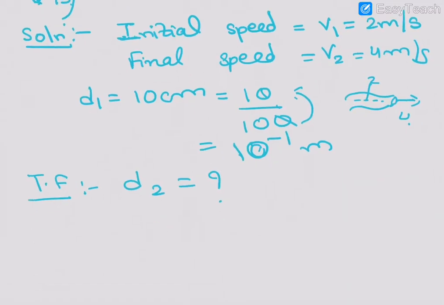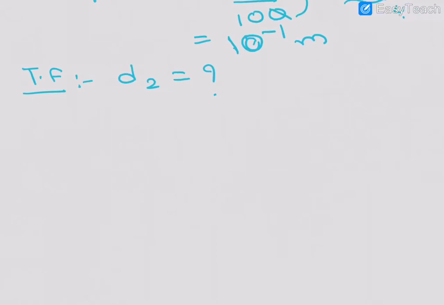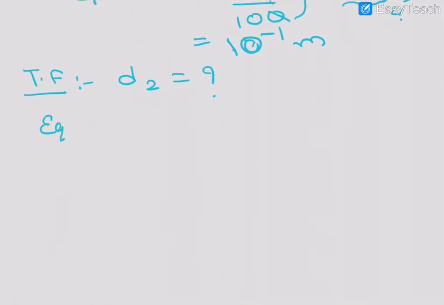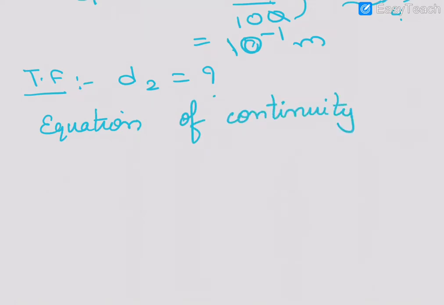So now here what formula will we use? Equation of continuity, right? What is the equation of continuity? We have done it. A1 V1 is equal to A2 V2, right?